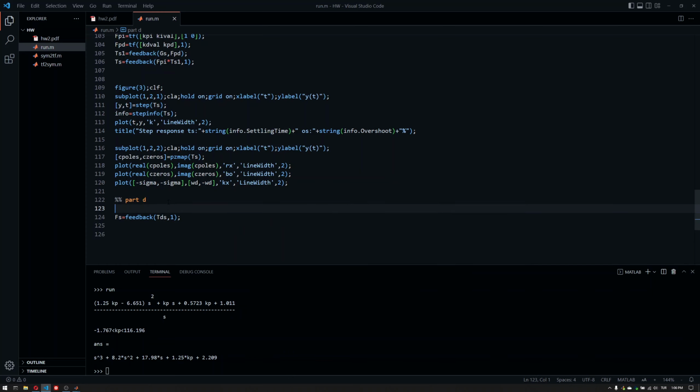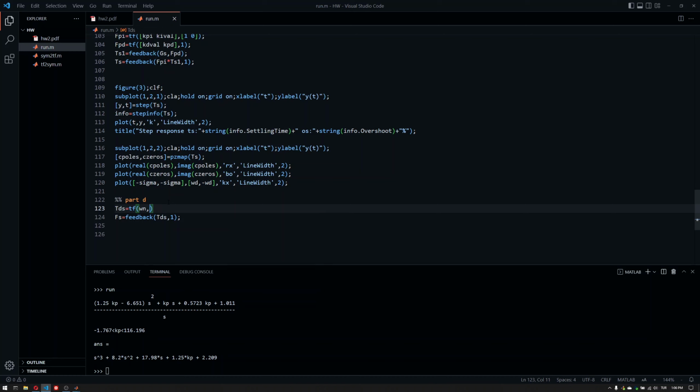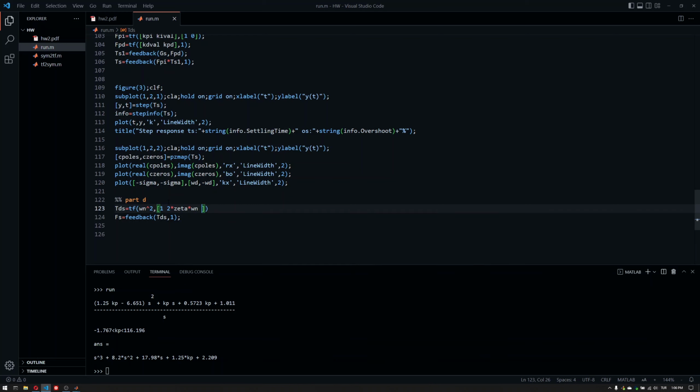So what is TDS? TDS is going to be omega n squared over s squared plus 2 times zeta times omega n s plus omega n squared.